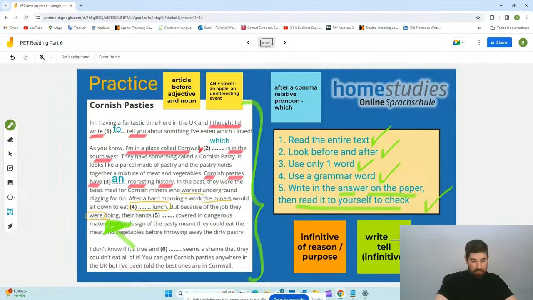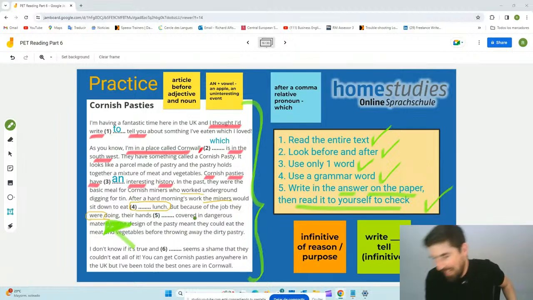Let me write in the chat to you. First guess, correct, but check your spelling, and have a look in the text for a clue. That's it. Good man. Well done, Luis. The text often gives you clues as well.